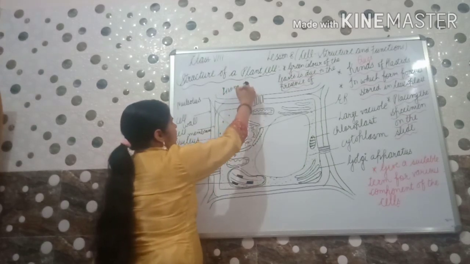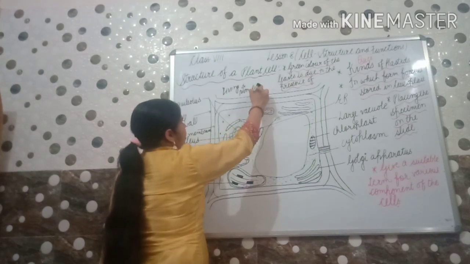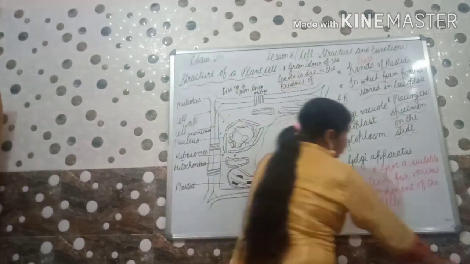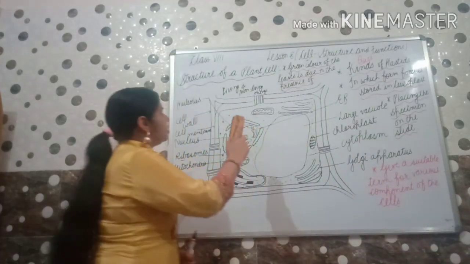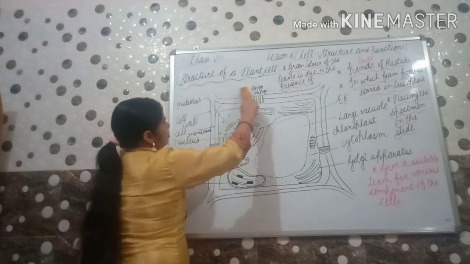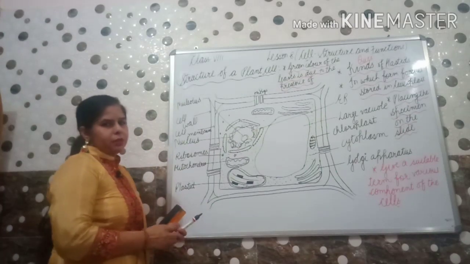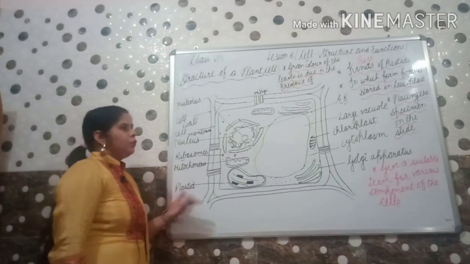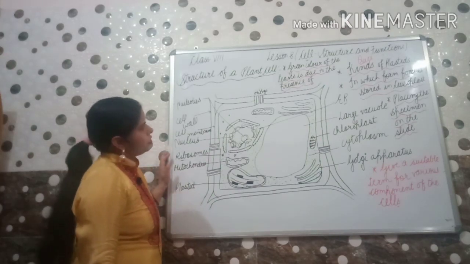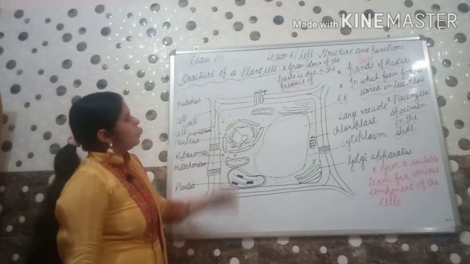After that we discussed the various cell components, which we also covered in a chart: the nucleus, cytoplasm, and cell membrane. About these three we have done in detail. Now we are going to start some questions first, then we will go through the structure of a plant cell.